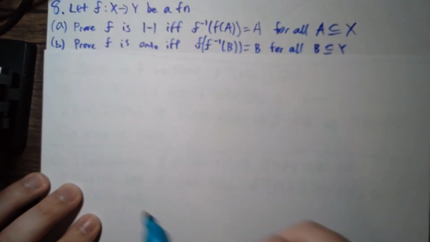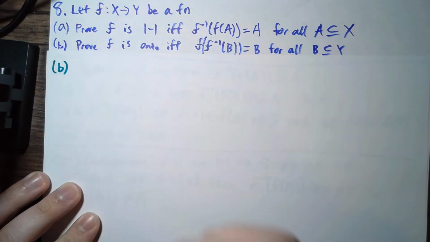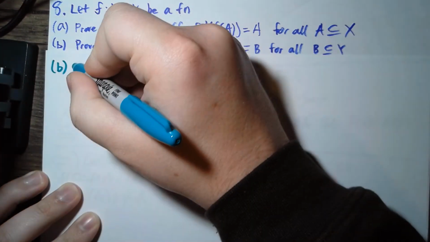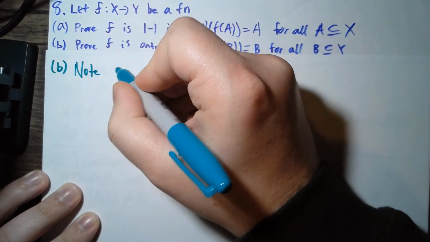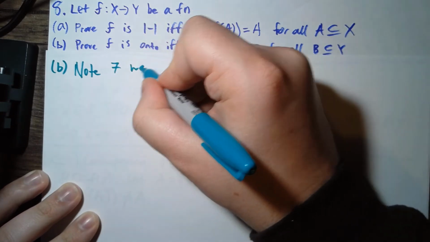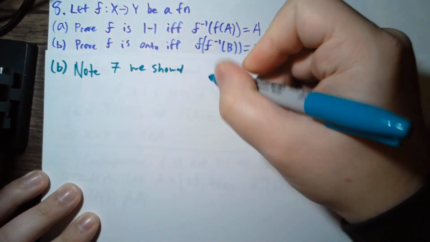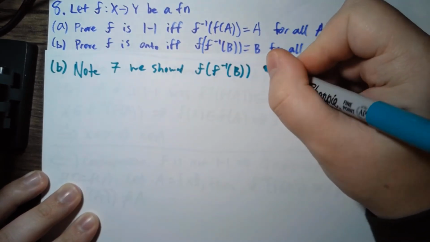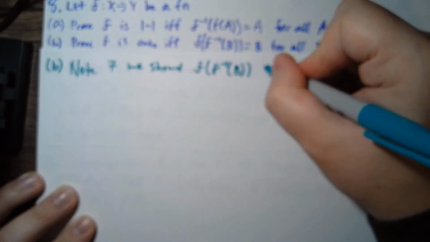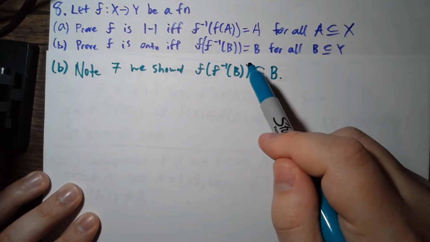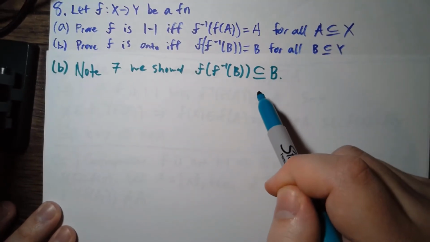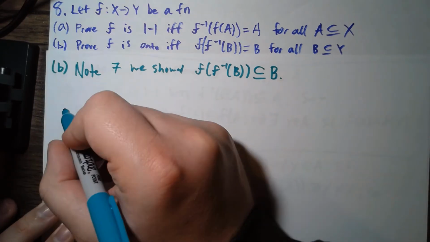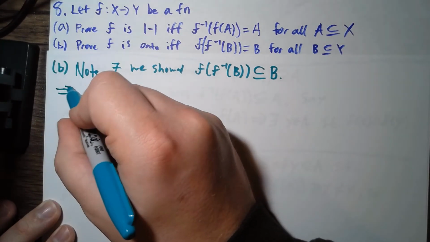So part B is, again, we'll note that in problem 7 we showed that it's always the case that f of f inverse of B will contain B. Oh, let me focus the camera. Okay, so for showing this equality, we just need to show that the other inclusion is true. So let's do the forward direction.